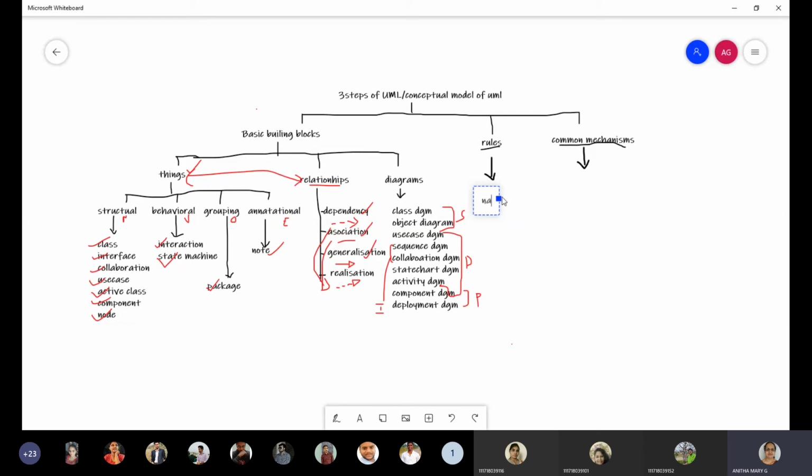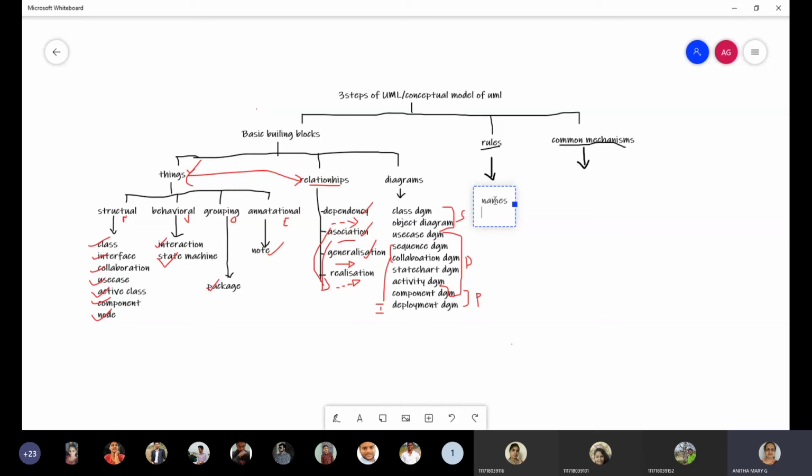The first one is about names. When I say names, it is nothing but what we call the things. Each thing is named properly and given notations, and things should be very specific. Also relationships and diagrams: how these names can be linked and kept as a group.